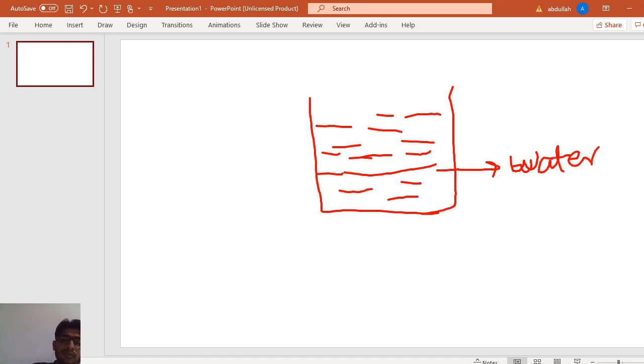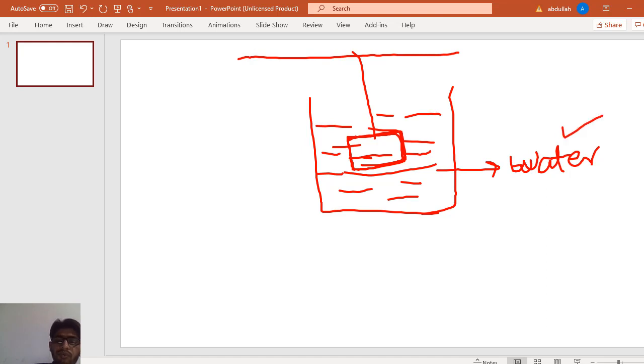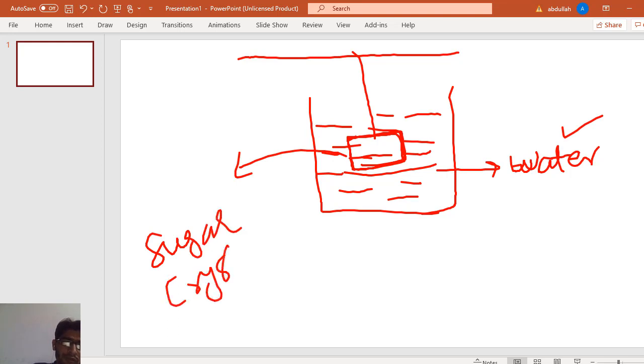Now suppose we put a sugar crystal in it. Suppose we suspend the sugar crystal in the container of water, in the beaker of water.